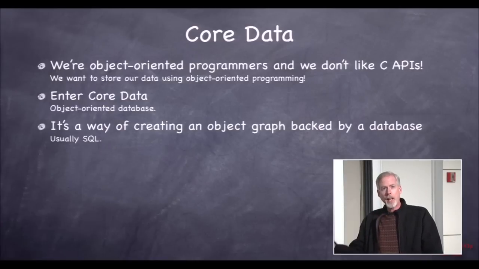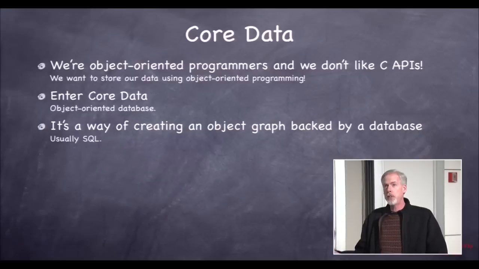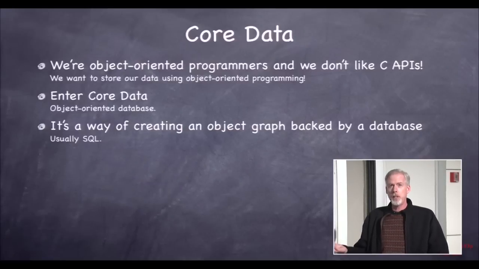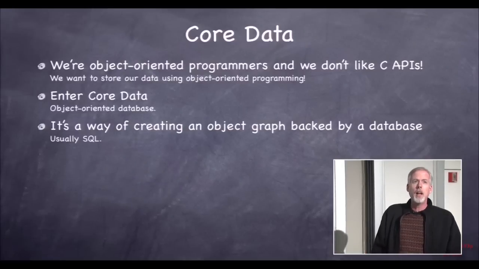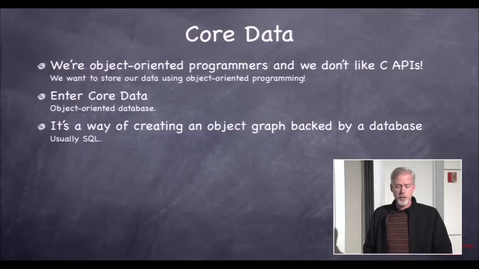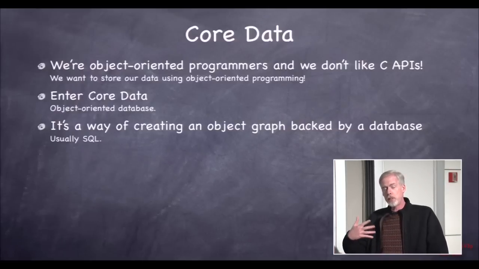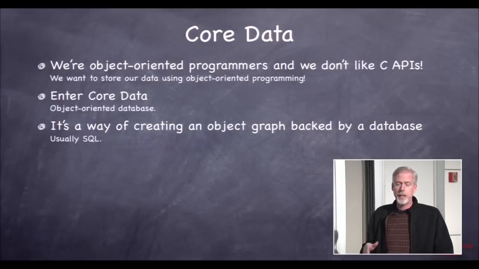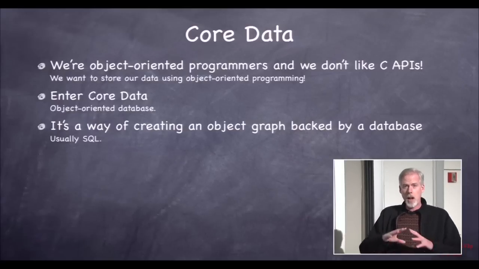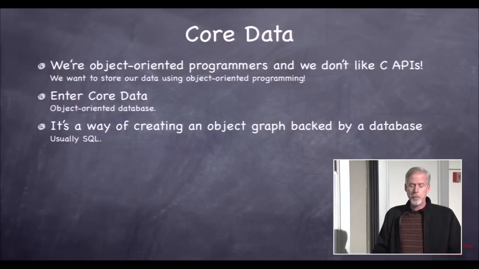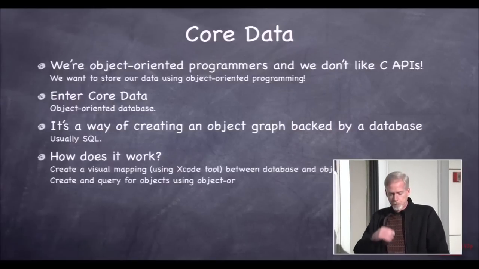The backing of Core Data, however, is usually something like SQL. By default it's SQL, and that's what we're going to use in this class. Core Data is flexible enough that you could put a different backing store behind it, which some people do in certain cases, but that's advanced usage. So we're basically going to have an object-oriented database on top of a SQL database.